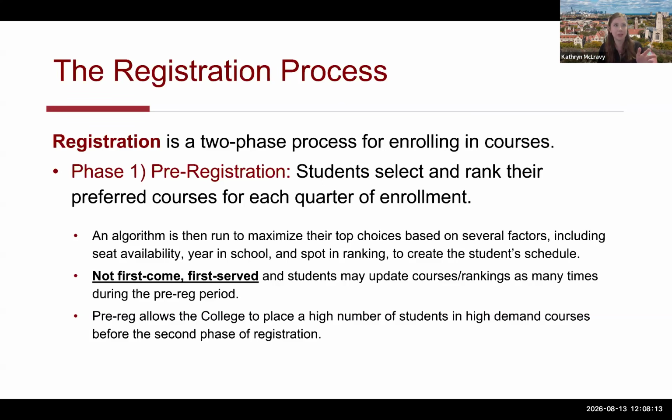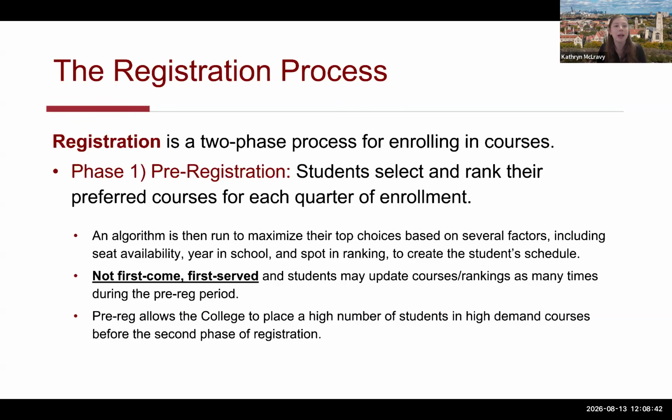During pre-registration, students select and rank their preferred courses for each quarter of enrollment. Then an algorithm is run in the registration system to maximize their top choices based on several factors, including their year in the college, what the spot is for that ranking, and to also fit a student's schedule based on the timing of those classes that were selected.